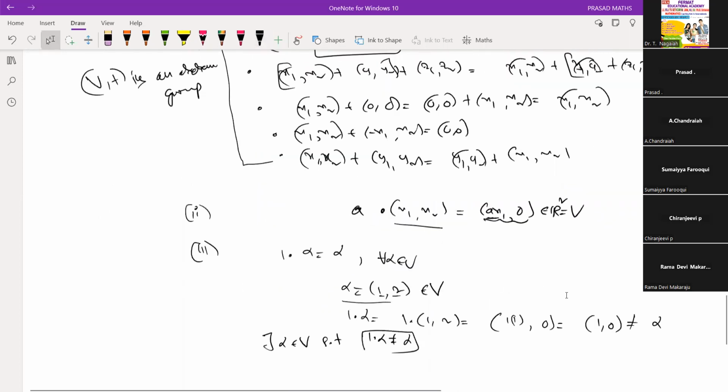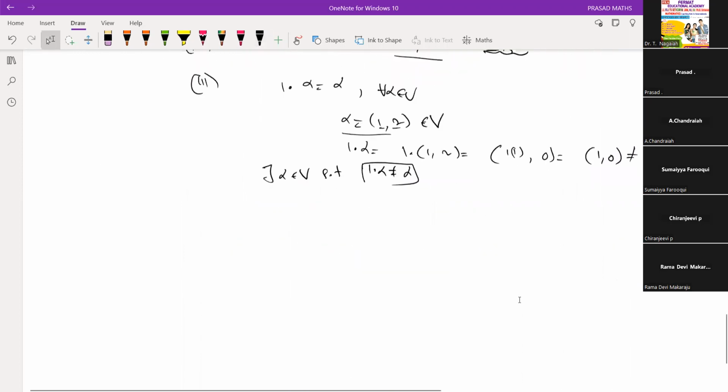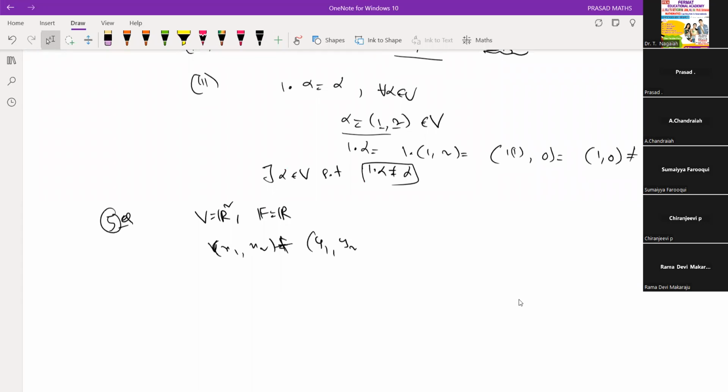Suppose you take V equals R2, and my field F is R. My vector addition is the usual addition, because I get different problems by defining different operations.